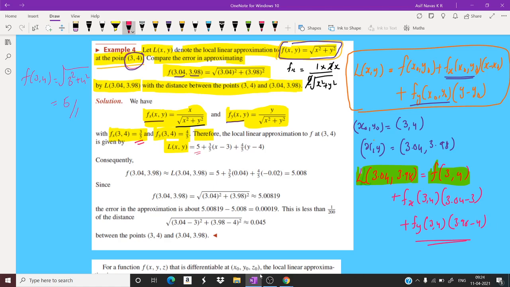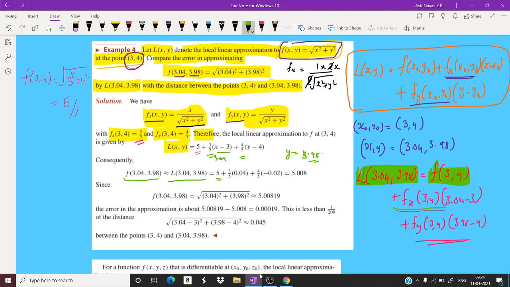So that is 5 plus fx(3, 4), which is 3 by 5, into x minus 3, where x is 3.04, plus 4 by 5 into y minus 4, where y is 3.98.